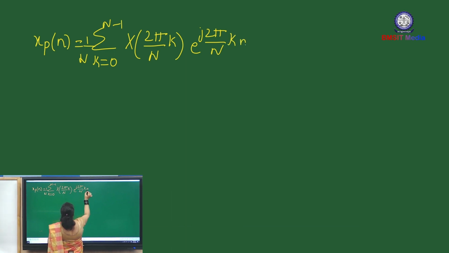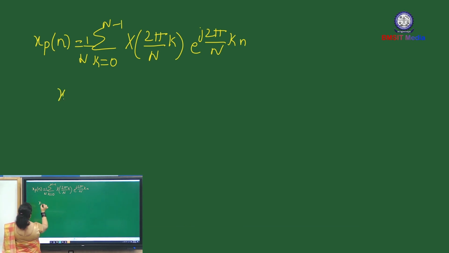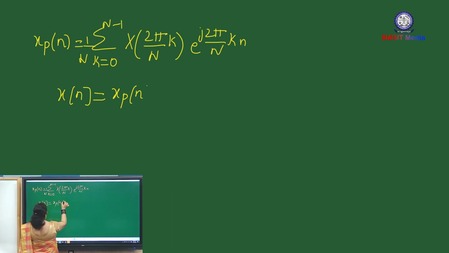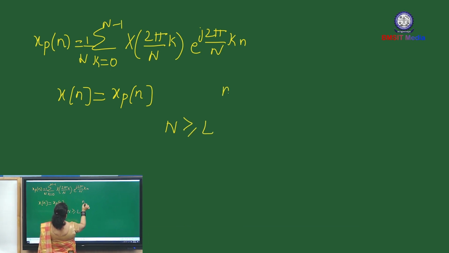After xp of n, we have to get x of n. From xp of n, I will get x of n. How? With the previous example I showed, you can write x of n is equal to xp of n, provided our N is greater than or equal to L, in the duration n varies from 0 to N minus 1.